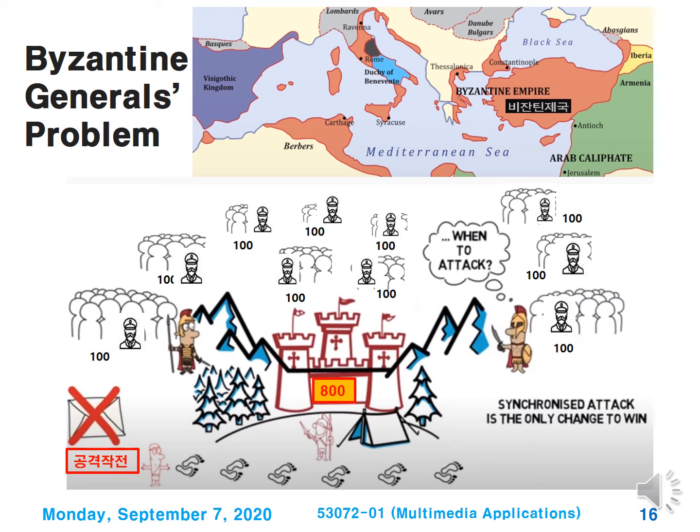Then how can they be confident whether they can collect a minimum of 900 military power? Okay, this is the Byzantine generals' problem.